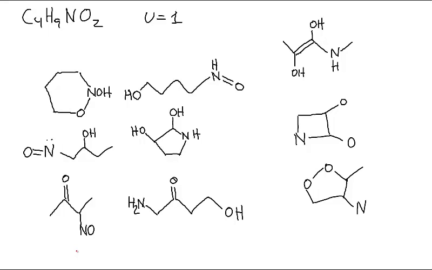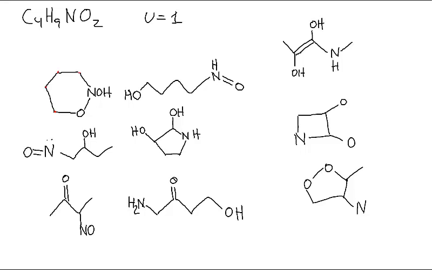Unsaturation number. Does it have 1 degree of unsaturation? Yes. It's got a ring. It has 1, 2, 3, 4 carbons. That's correct. It's got a nitrogen and 2 oxygens. That's correct. So this structure should be fine.